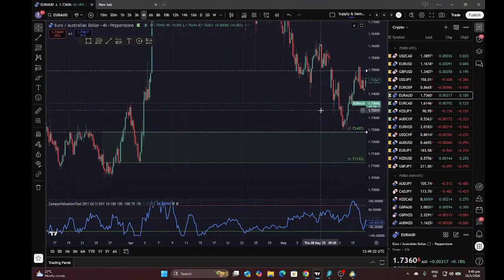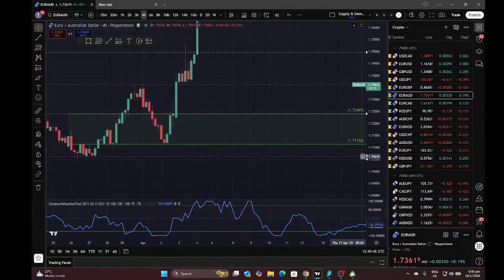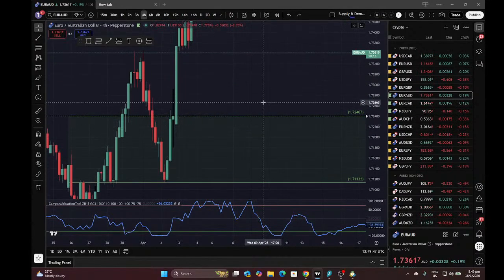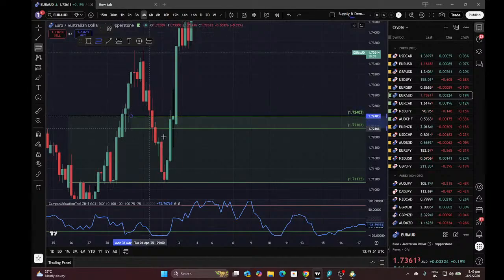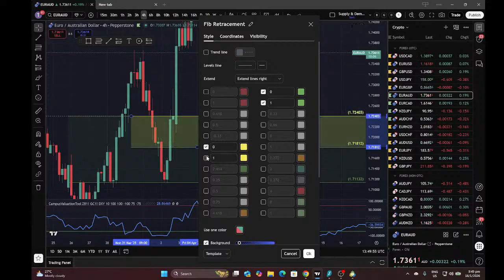So looking at the 4 hours time frame, this is exactly what we are seeing here, right? Okay, so what happened here is there are 2 zones here. One is this.